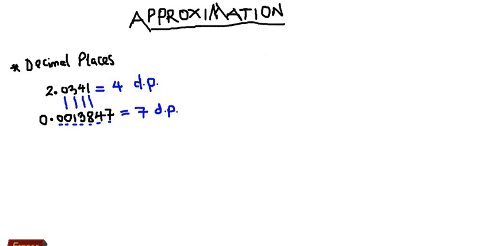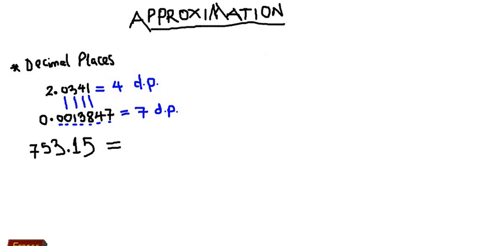Okay, and as maybe the last example, if we have a whole number 753.15. Okay, how many decimal places do we have in this number?